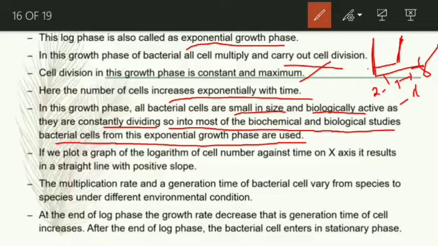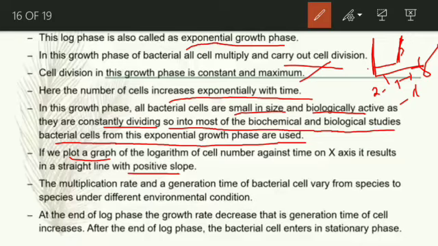This is very important. And another point, if we plot a graph of the logarithm of cell number against time on the x-axis, it results in a straight line with positive slope. This is important. This is what is called positive slope. The multiplication rate and generation time of bacterial cells vary from species to species under different environmental conditions.